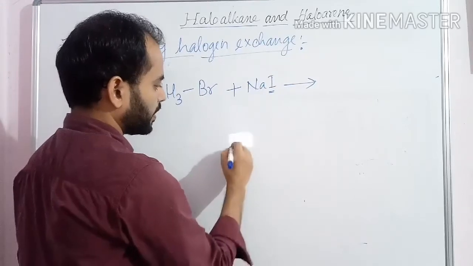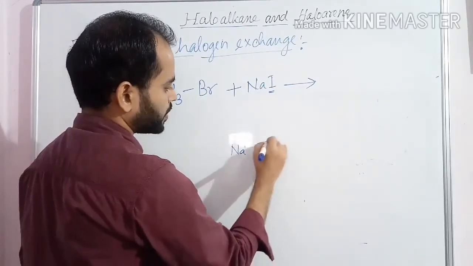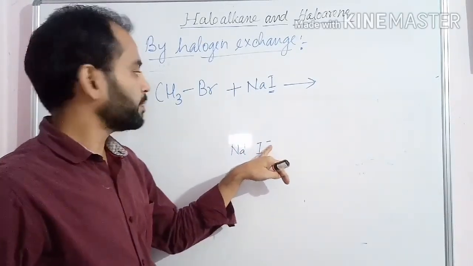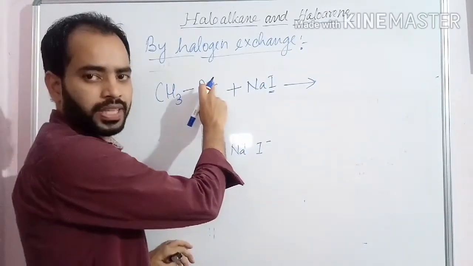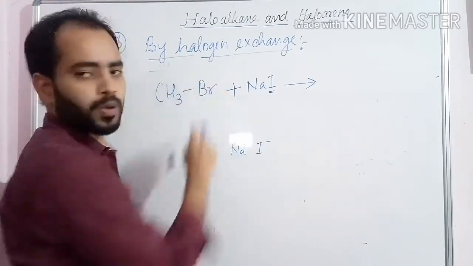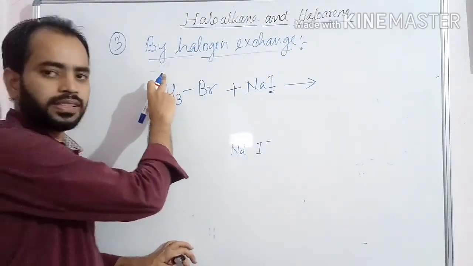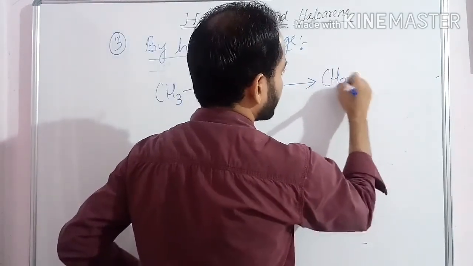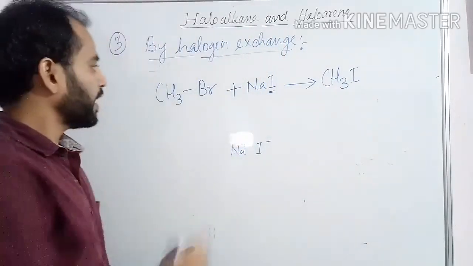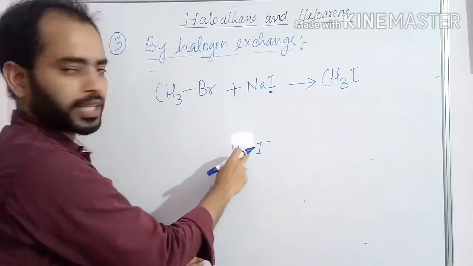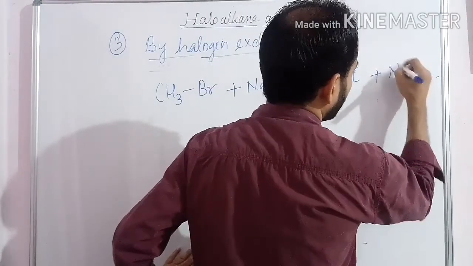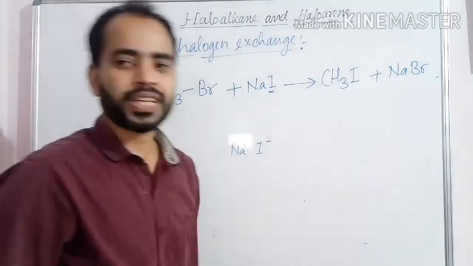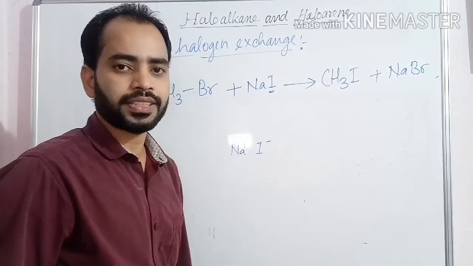NaI dissociates and forms Na positive and I negative. Similarly, this bromine is more electronegative, so it withdraws electron, forming bromide and CH3 positive. This CH3 positive takes I negative and forms CH3I, and the Br negative reacts with Na positive to give NaBr. So by this also we can prepare alkyl halide.